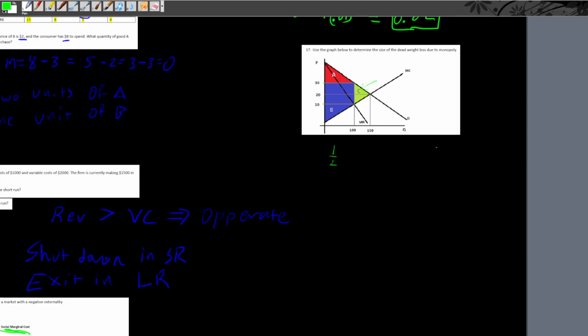So 1/2 times 30 minus 10, that's this side of the triangle, times 150 minus 100, which is that side. Simplifying that out, we end up with 20 times 1/2 times 50. 20 divided by 2 is just 10 times 50. And finally multiplying that out, we end up with a deadweight loss of 500.